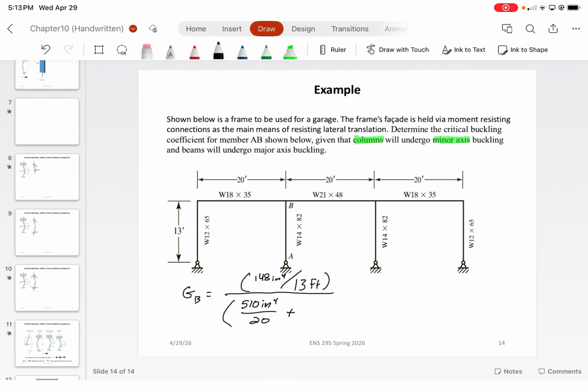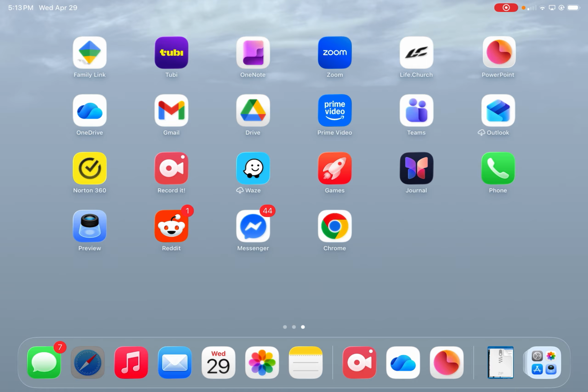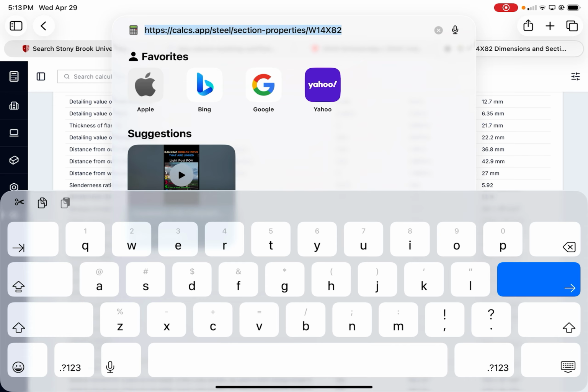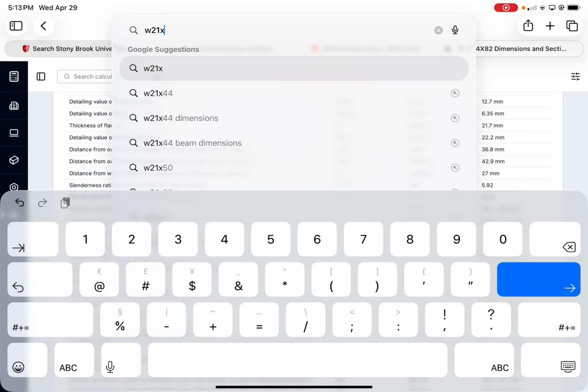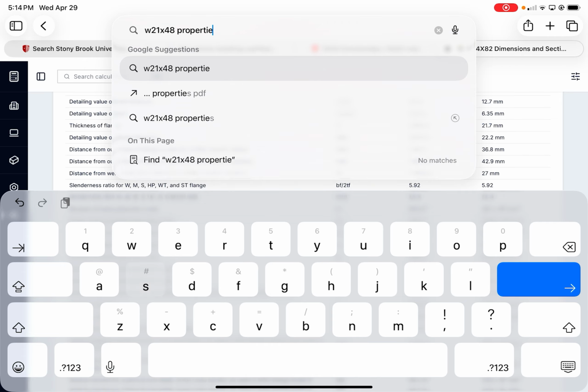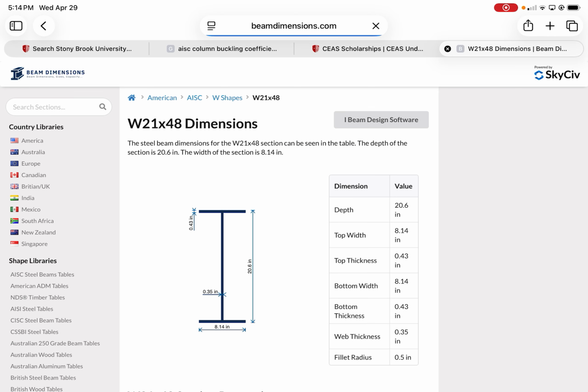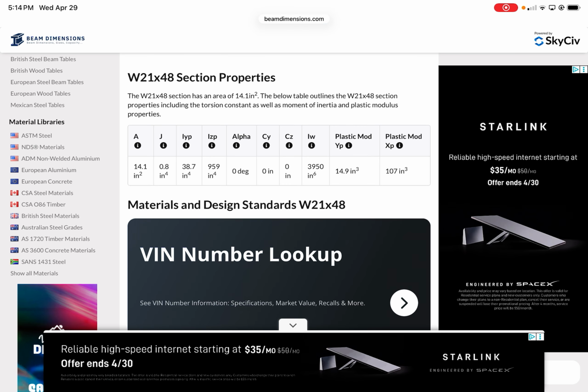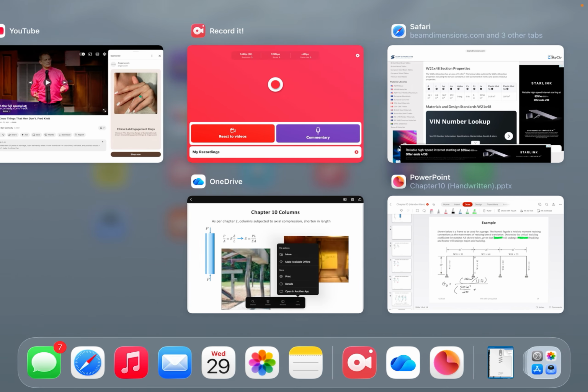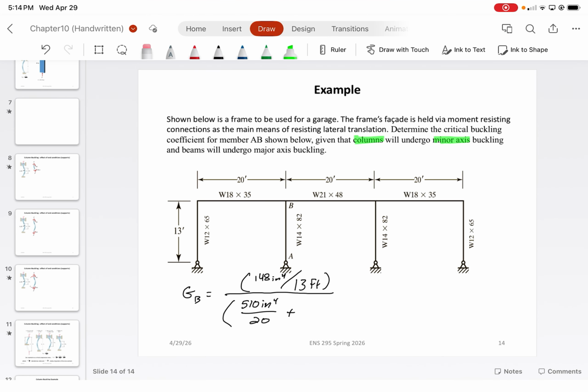All right, and then because the beams are undergoing major axis bending, now we need a W21 by 48. So let's now just type in W21 by 48 properties. And I believe it's 959 inches to the fourth, divided by 20. And what we should get is a dimensionless quantity.